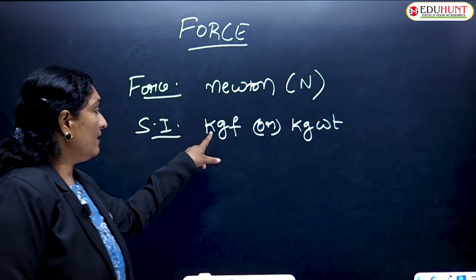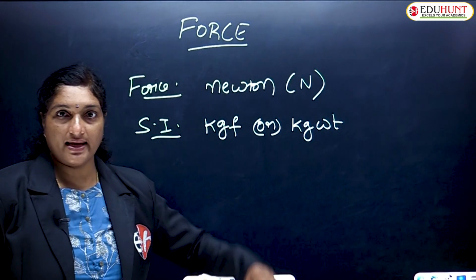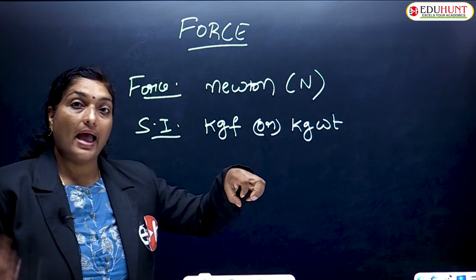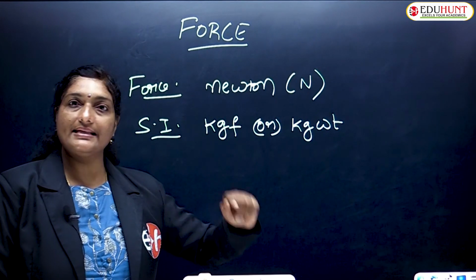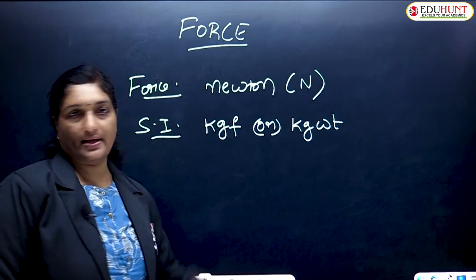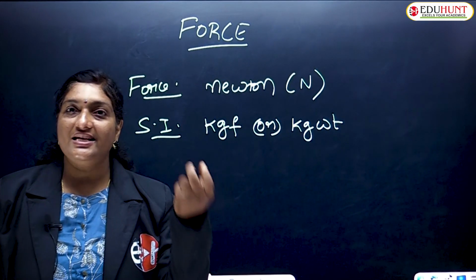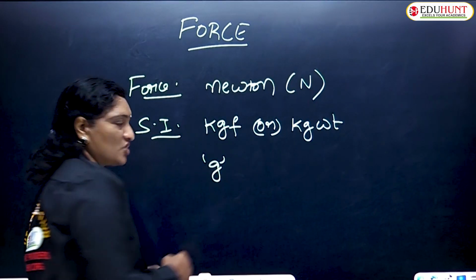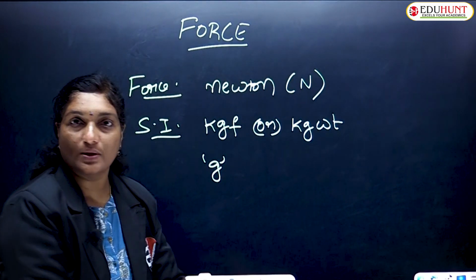Suppose a 1 kg mass is lifted upwards, then the force due to acceleration due to gravity acting on the 1 kg mass of a given object is called kg force or kg weight. I repeat, the acceleration due to gravity is indicated with the letter g. The earth always tries to pull the body towards itself.